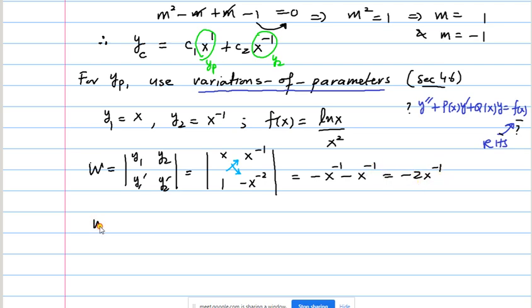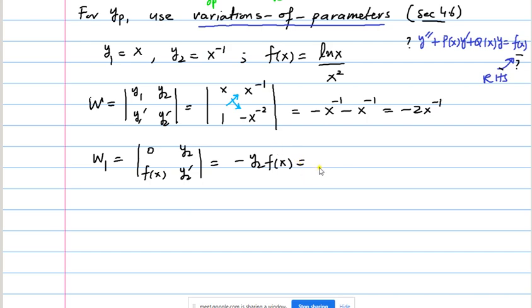Now you will get w1. w1 is 0 fx and second column of w as it is. You can write minus y2 fx directly as well. If you want, you can write minus y2 fx directly. Minus y2 is minus x minus 1, and fx is log of x over x minus 2. So this will become minus x minus 3 log of x. If I bring this up, it will become minus 3.